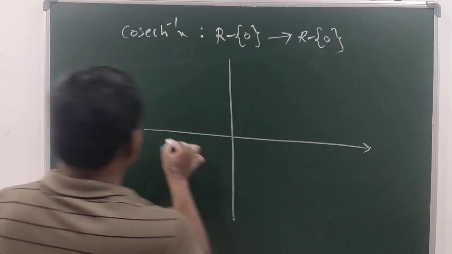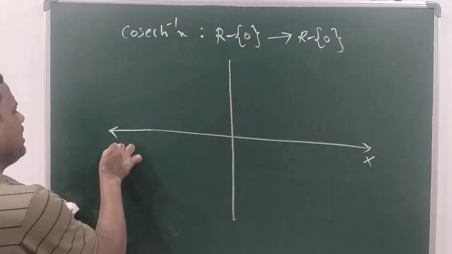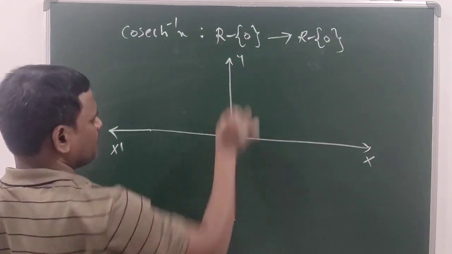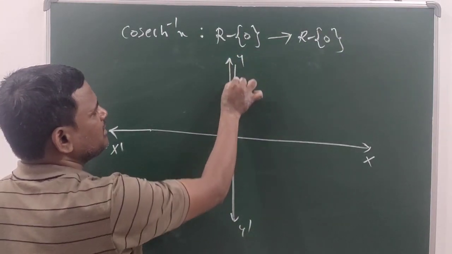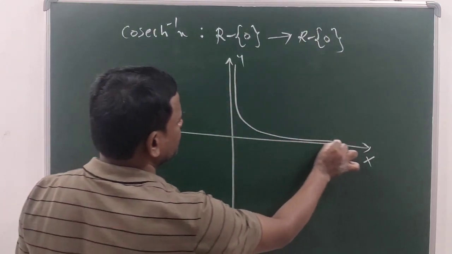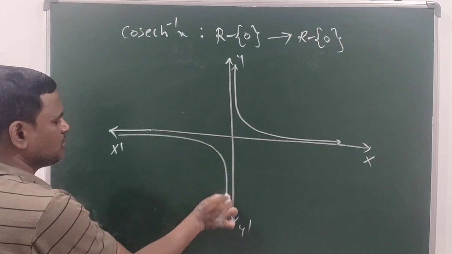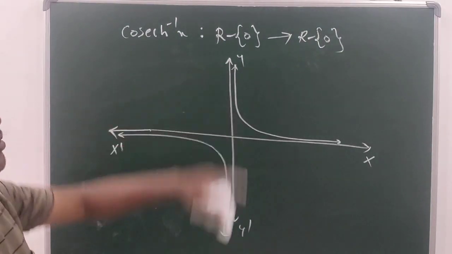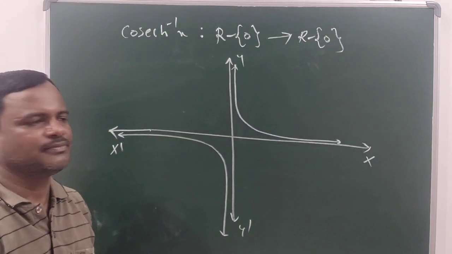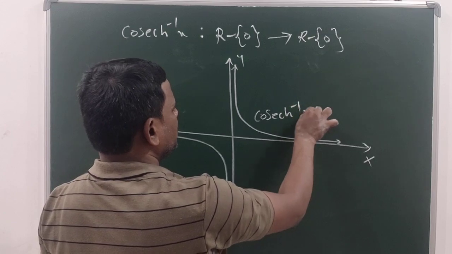Same as the cosech x graph, because the domain and range are the same, so you get this kind of curve. Cosech x and cosech inverse of x have the same graph, because no changes occur in the domain and range. So this is the graph of cosech inverse of x.